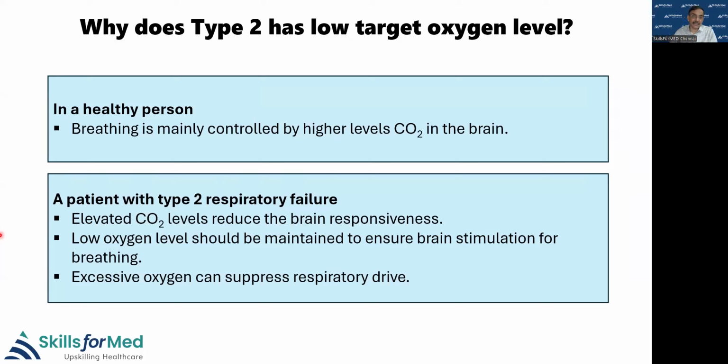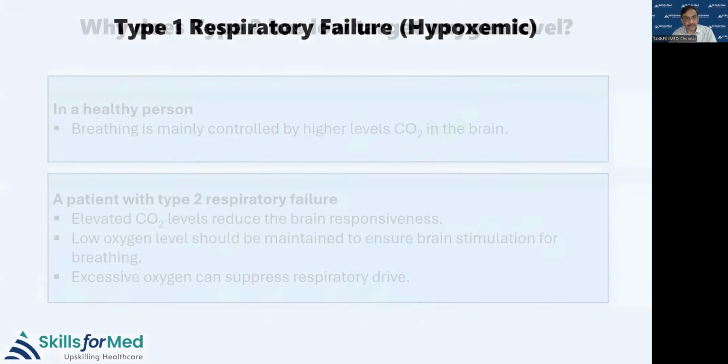That is the reason type 2 respiratory failure patients have to be maintained on a low target oxygen level between 88 and 92, whereas people with type 1 respiratory failure can have a saturation level of above 94, up to 98, 99, no problem. I hope I made this clear. So this is why type 2 respiratory failure has a low target oxygen saturation.